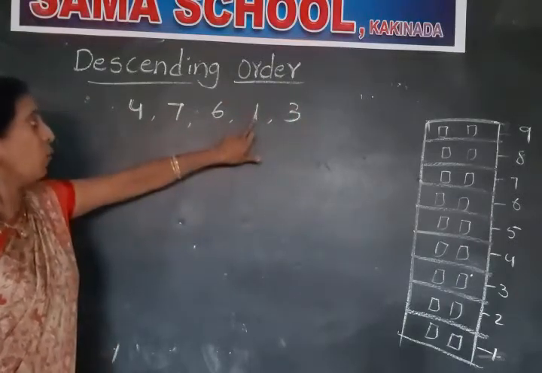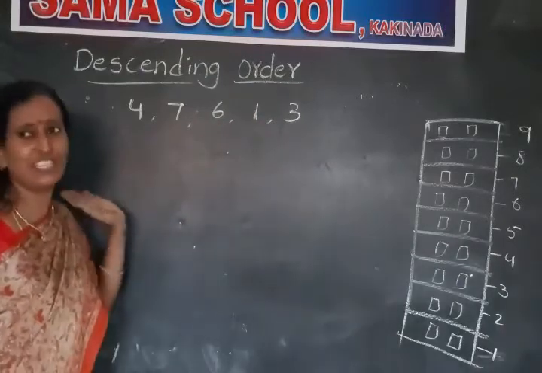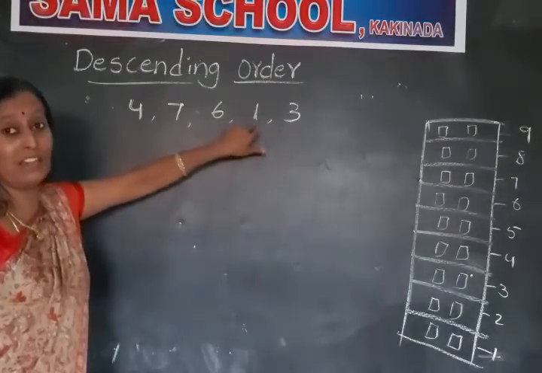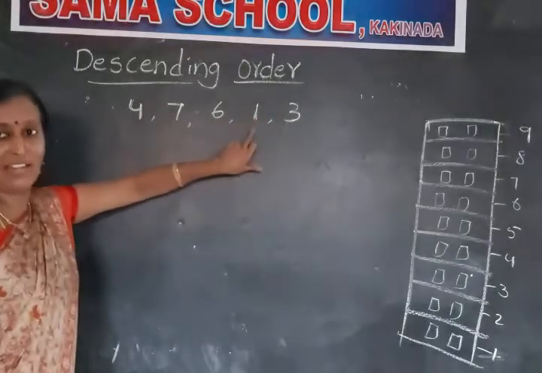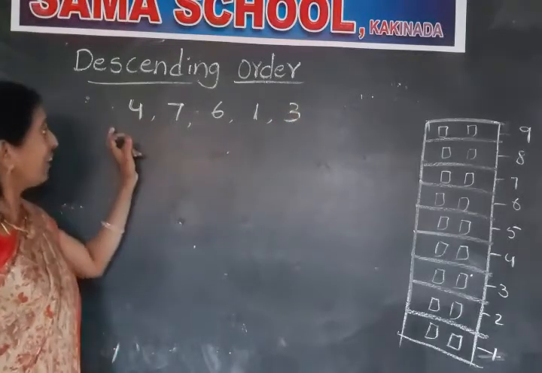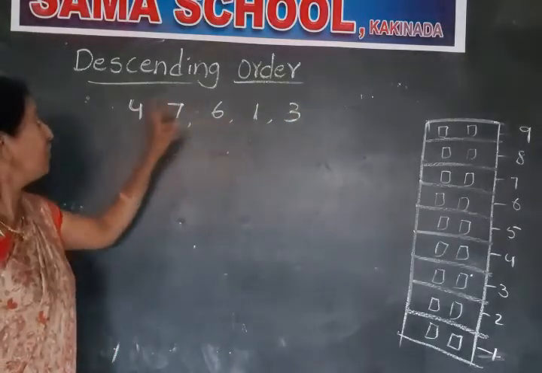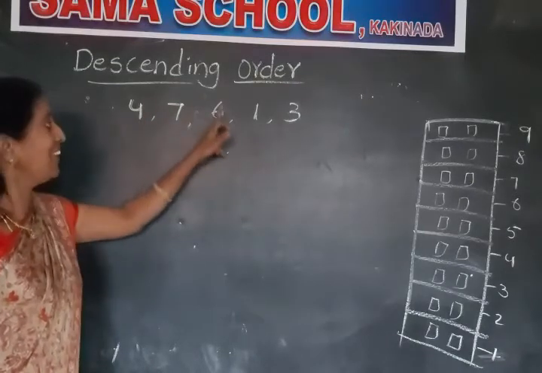Here I am not giving the 0 number, but 1 is bigger than 0. 3 is bigger than 1, 4 is bigger than 3, 6 is bigger than 4, and 7 is bigger than 6.